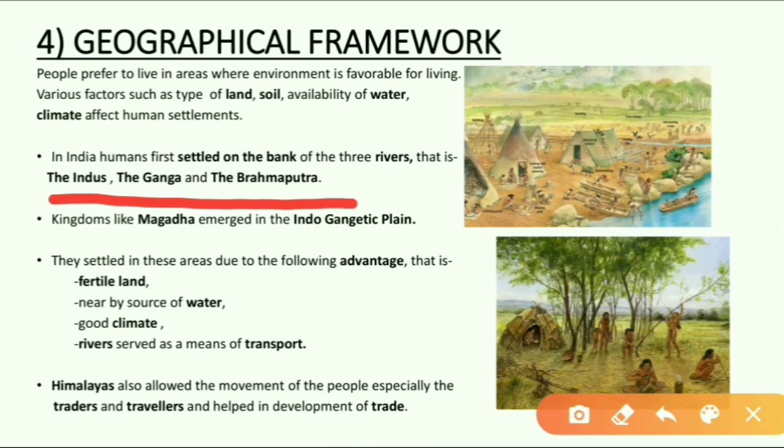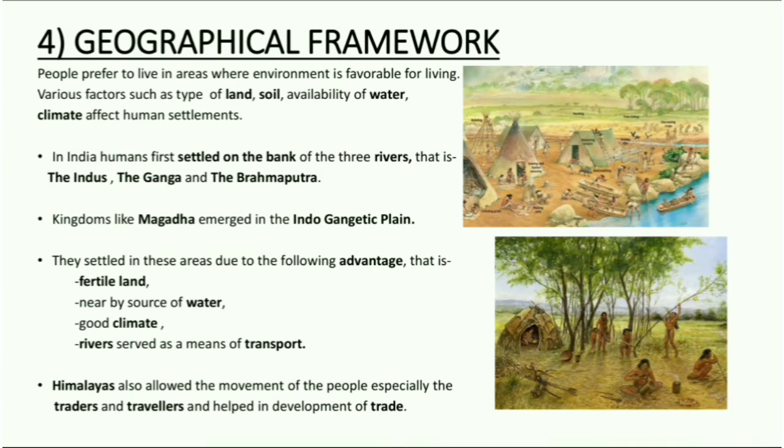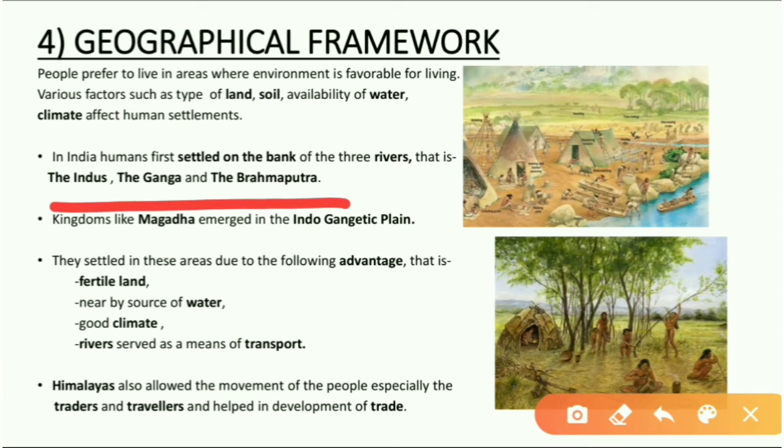Now, the third point is that kingdoms like Magadha emerged in the Indo-Gangetic plain. The early people settled in all these places, like the humans who settled on the banks of these rivers.